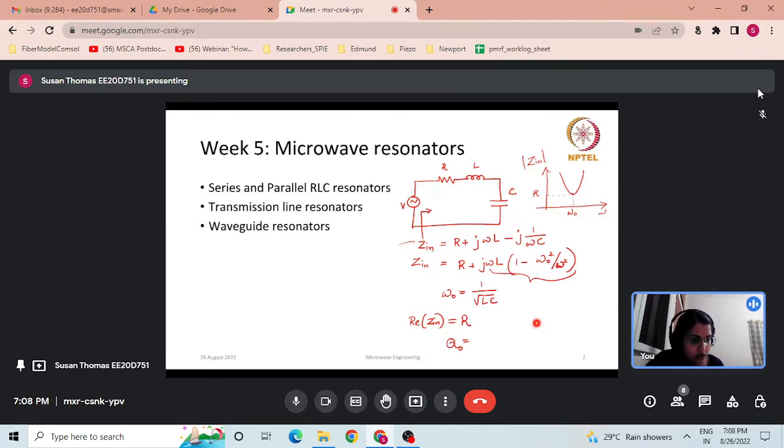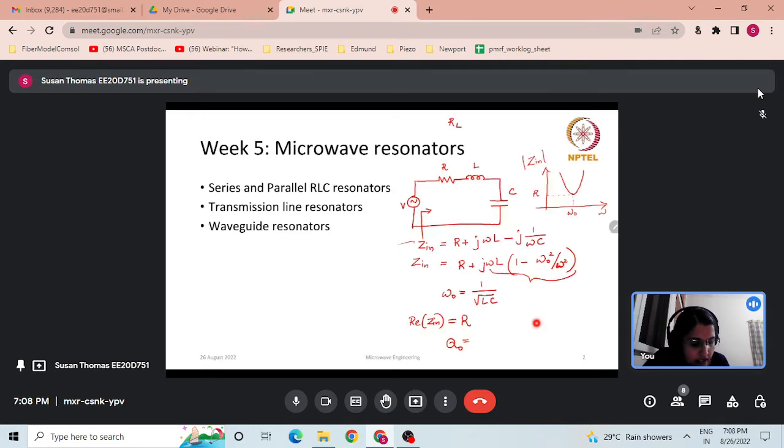To give you some clues, when I say loaded Q factor, we are loading some external circuitry, acting like a load. We can say it's like a load resistance RL being connected to a network.